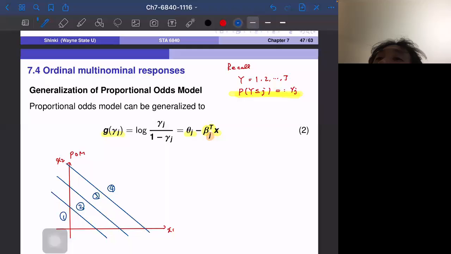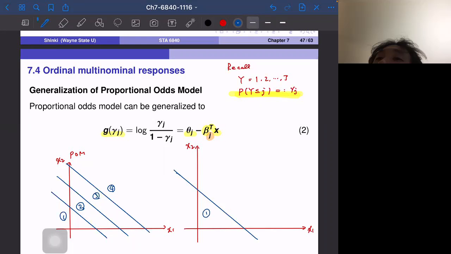But here we have beta j transposed x. So that means the slope, kind of the normal vector for the space, is actually different for each j. If we have x1 and x2, it's possible to have different lines.